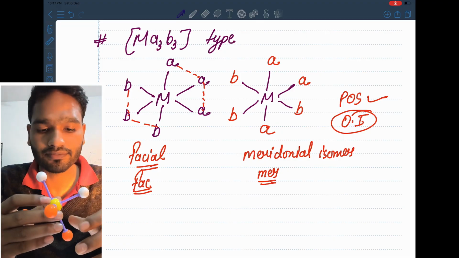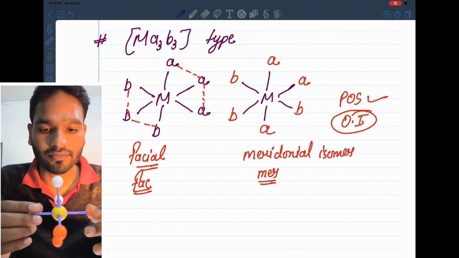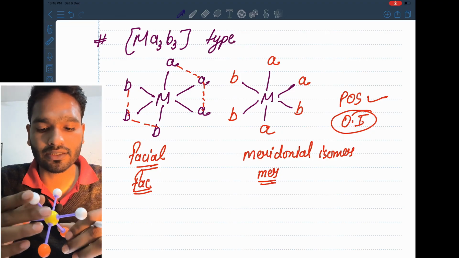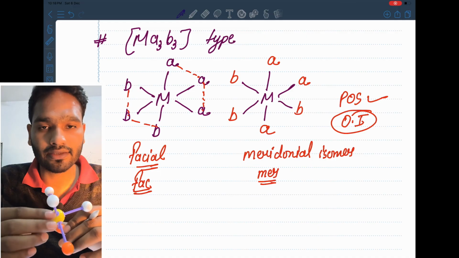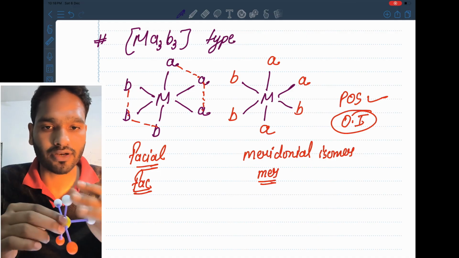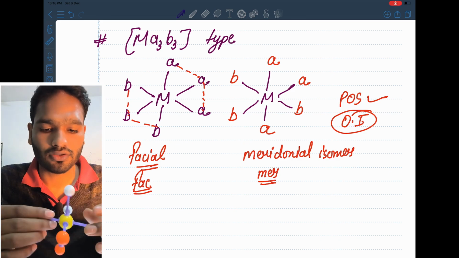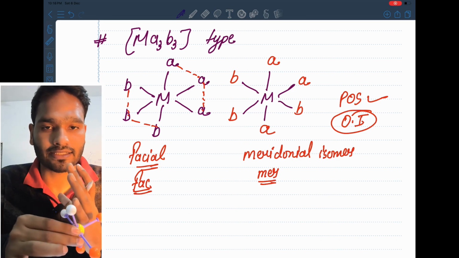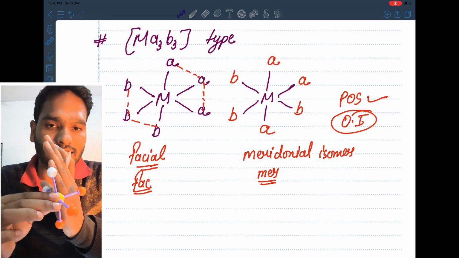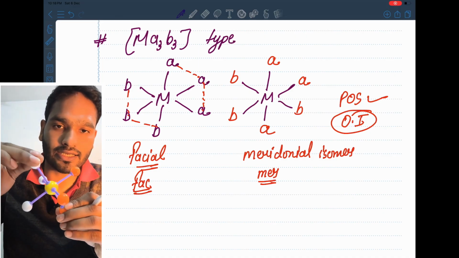So POS is not there. Let's pass another plane. If the plane is cutting these 4 atoms, then also both the 2 atoms are different.